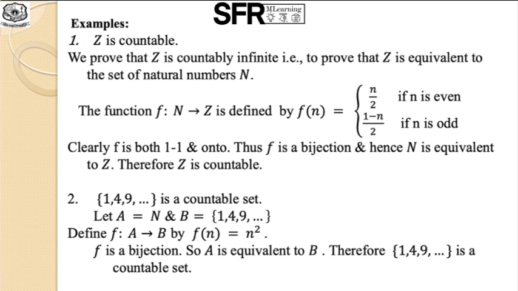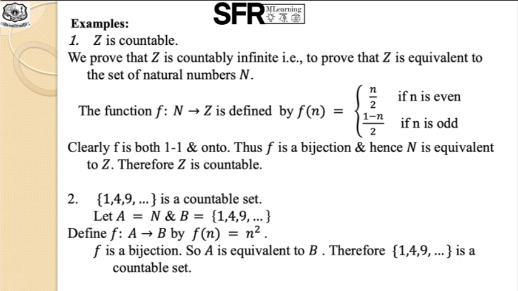It will map onto different distinct numbers from the set Z. Therefore, every natural number is mapped onto different elements of the set Z. Therefore, the map f is one-one. Similarly, for every integer there exists a natural number satisfying the above property. Therefore, the map f is a bijection.